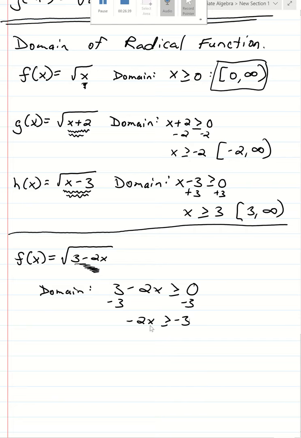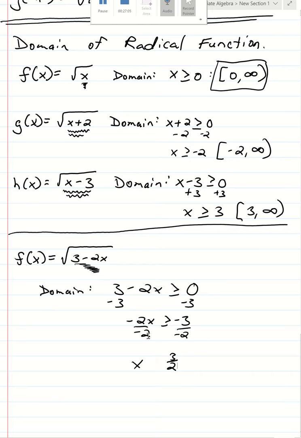But since we are trying to get x alone, I will have to divide both sides by a negative 2. And now, on the left side of the inequality, we have x. On the right side, we have 3 halves. And here comes the trick that you have to try to remember. Think back to when we learned how to solve inequalities.